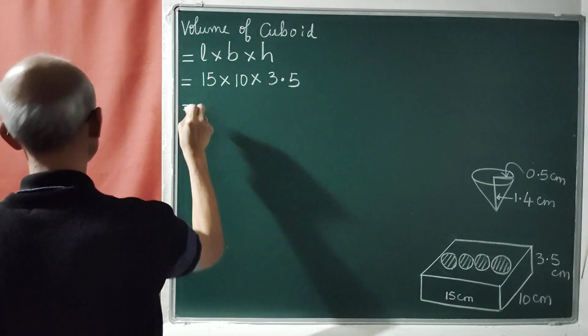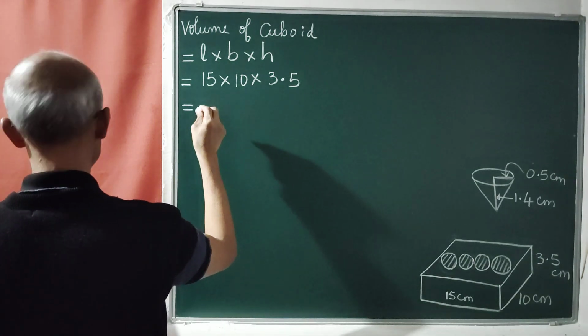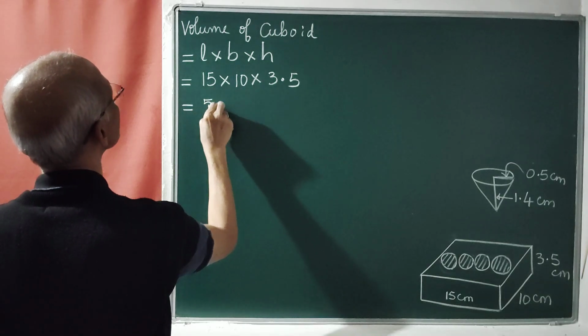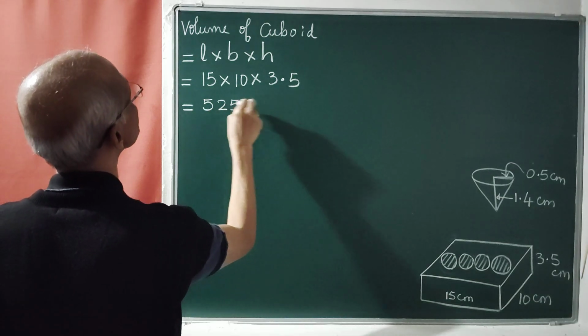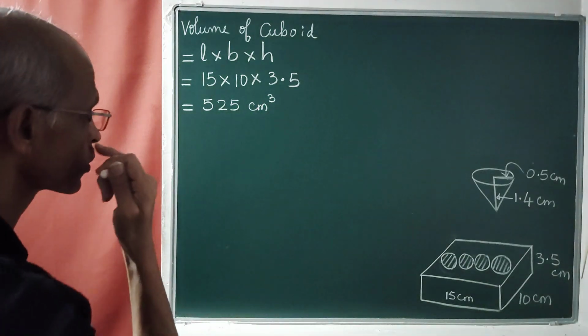That's equal to 525 centimeter cube is the volume of the cuboid.